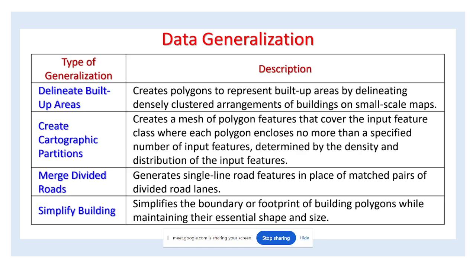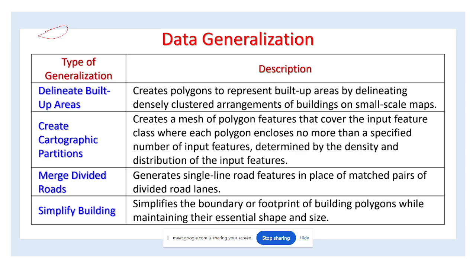Then we have this delineate built-up areas. Built-up areas are basically where unused open lands might be there in a region. Such a region we'll consider as built-up areas. So we'll create polygons to represent built-up areas by delineating densely clustered arrangements of buildings on small scale maps.